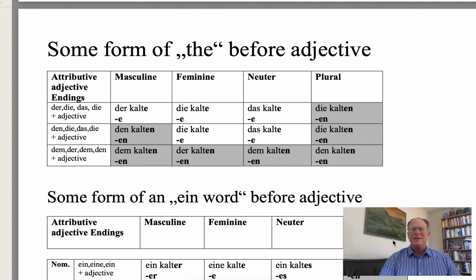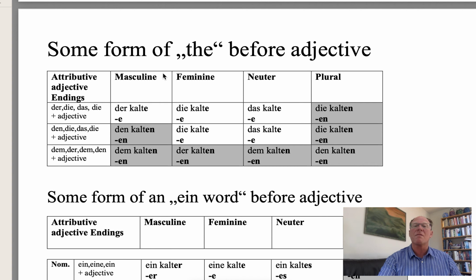Okay, now after you've analyzed my beautiful love poem and you've filled out your tables, you will see that there is a pattern that you can memorize if that's what you want to do. You can understand that these adjectives and the adjective endings will come slowly, but if you wanted to memorize a pattern, you will see something that might help you out here with some form of the: der, die, das, den, die, das, or dem, der, dem, den.